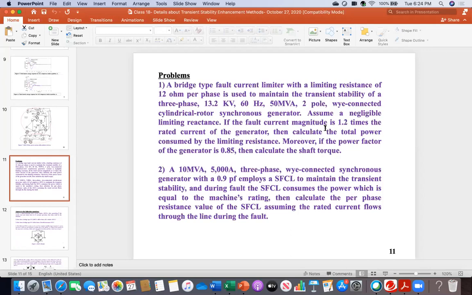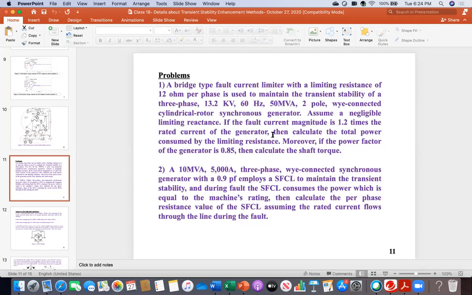Do you understand this part? You have to calculate the magnitude of the fault current. Because you see the very first line, that limiting resistance of 12 ohm per phase will actually limit the magnitude of the fault current. And this statement says, if the fault current magnitude is 1.2 times the rated current.